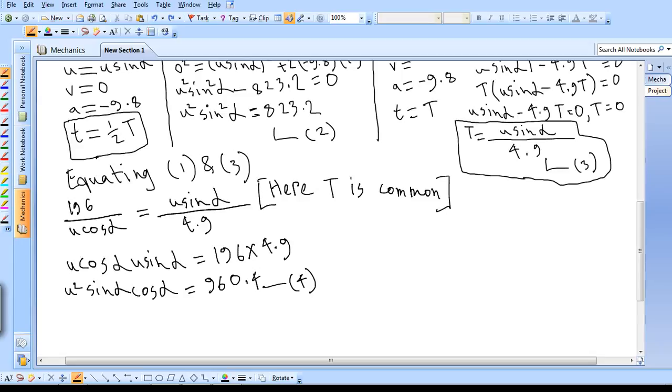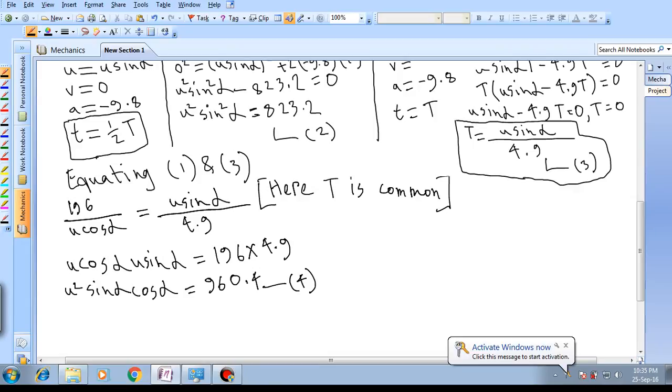So u is in multiplication with sine alpha, and sine alpha is in multiplication with cos alpha in equation 4. And in equation 2 you will see that u square is in multiplication with sine square alpha.